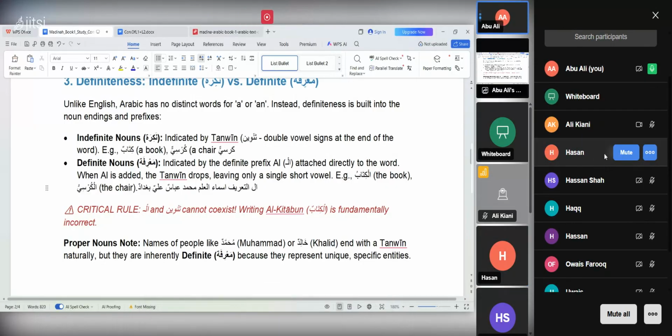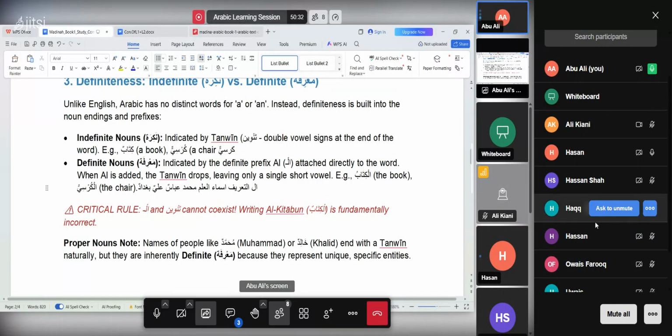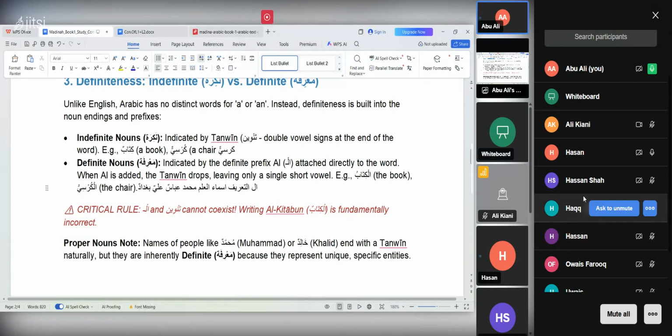You mean asma al-alam? What you're thinking of is called ismul alam. Muhammad, Abbas, Ali, Baghdad, names of places and people. Ismul alam, ain, lam, meem. Excellent, brother. Thank you very much.